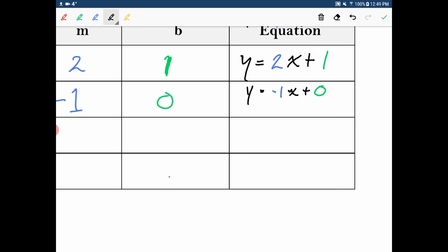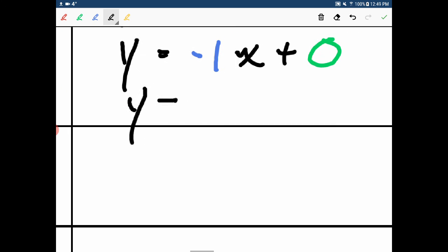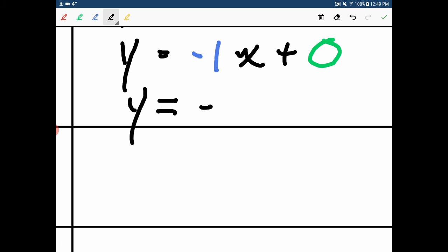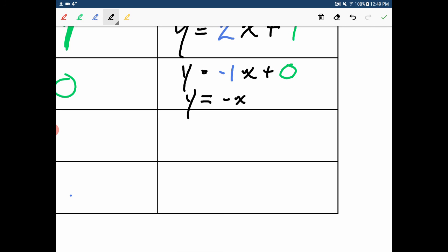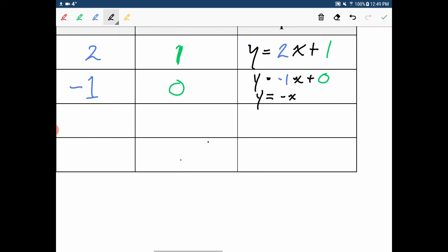Now that's kind of a silly way to write it though. What we would normally do is we would write y equals negative x, and we wouldn't normally say negative 1x, we would just say negative x, and we wouldn't normally say plus 0, we would just leave it like that. So that's the same as having y equals negative x, and that's it. That's our final answer. Okay?